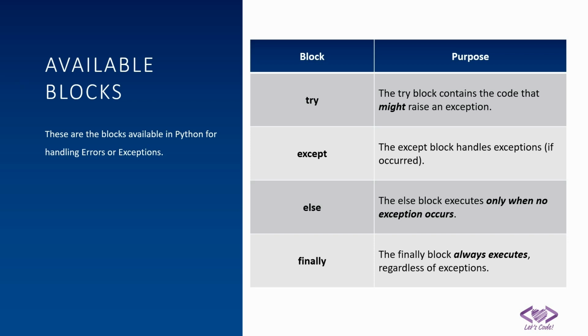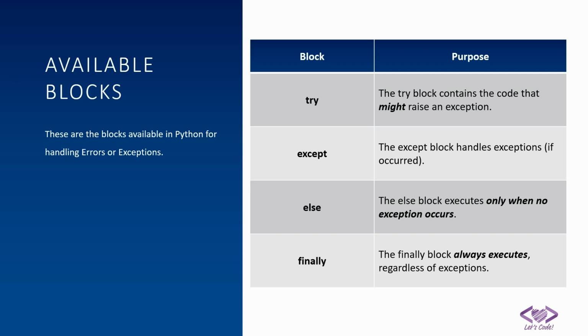And apart from that, we have the finally block, wherein you put some code which you think must be executed in any of the scenarios, whether an exception occurred or not. In both the scenarios, if this particular code should be executing, then put that in the finally block. Usually in real-time programming, finally blocks are used when you are dealing with files or databases.